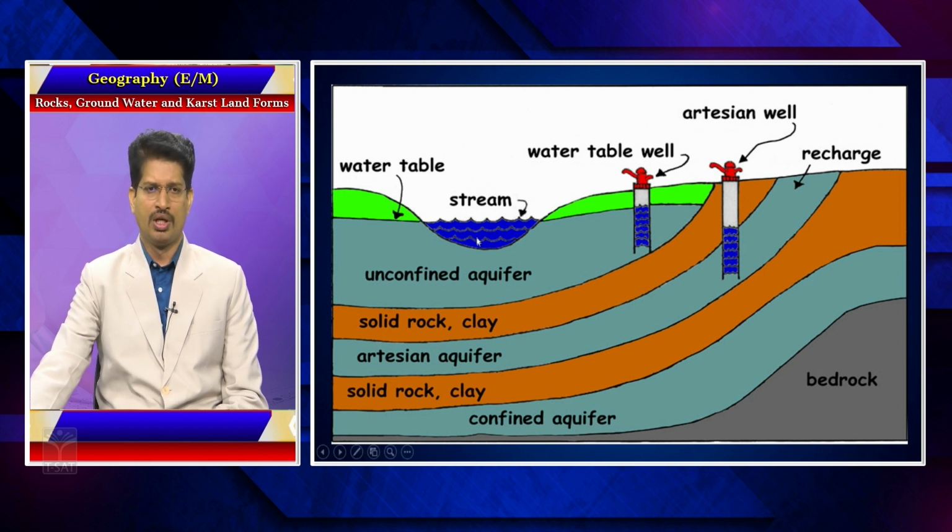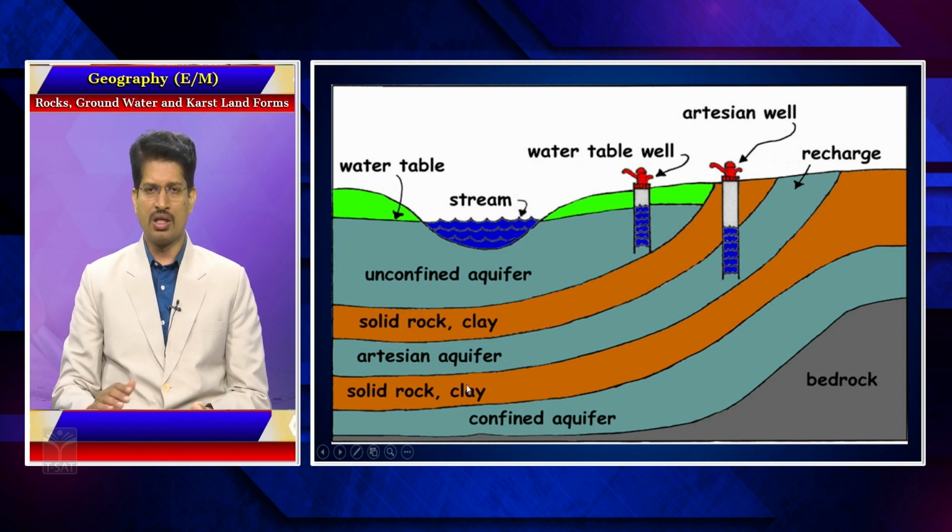The aquifer or water table described here is an unconfined aquifer at the top, and at the bottom a confined aquifer. Both are water tables. The difference is that in the case of a confined aquifer, at the lower level and at the upper level, in both ways there is an impervious rock.